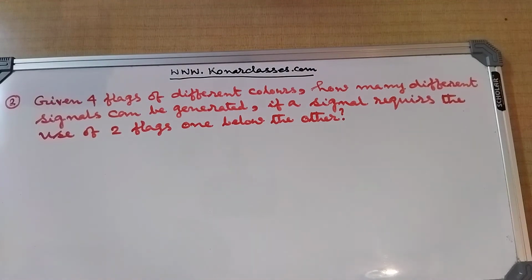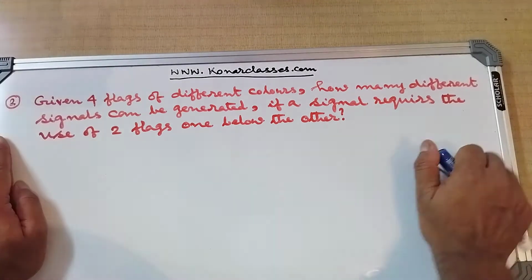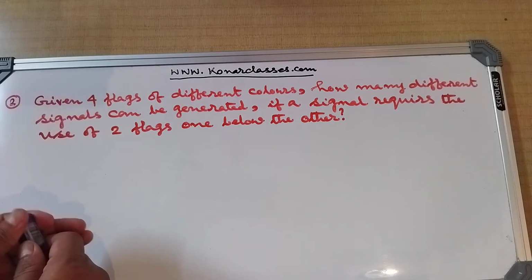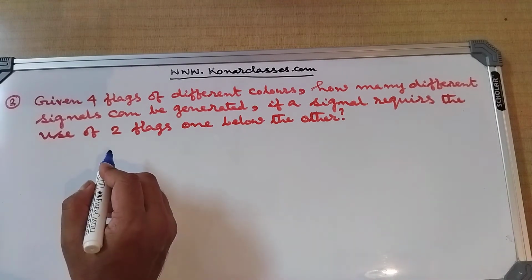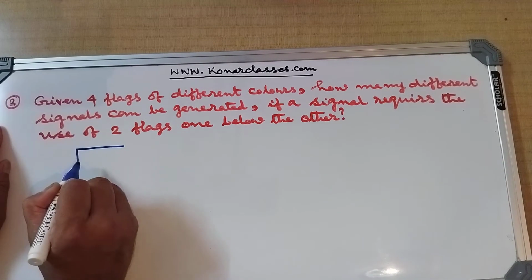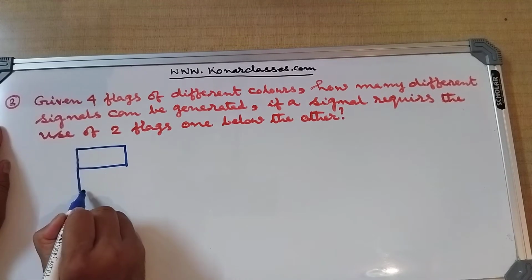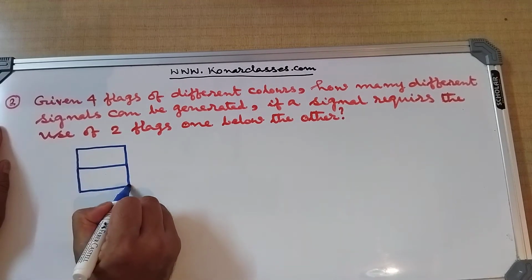If you read that question, given 4 flags of different colors, how many different signals can be generated if a signal requires use of 2 flags? So for usage of 2 flags, the first flag can be kept here, one below the other, and the second flag can be kept in this position. Correct, dear students?